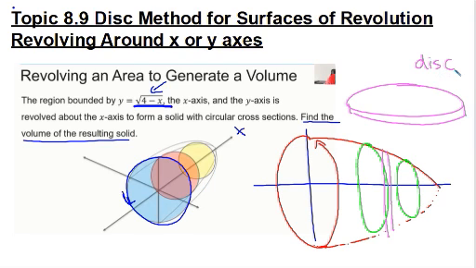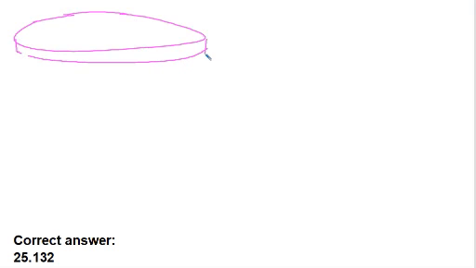And so what we're going to do with that disk, how would I find the volume of any cylinder? It would be pi r squared h. Here's my h, and here's my radius.